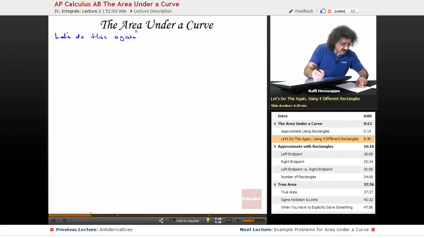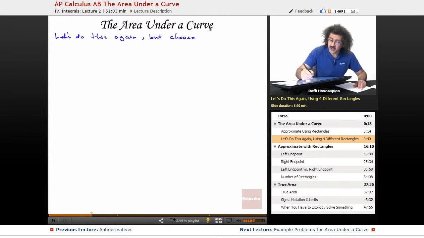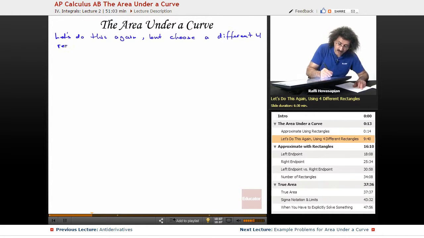Let's choose a different 4 rectangles. But still 4 rectangles.